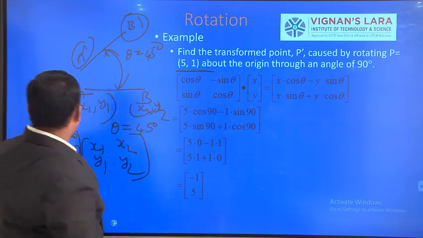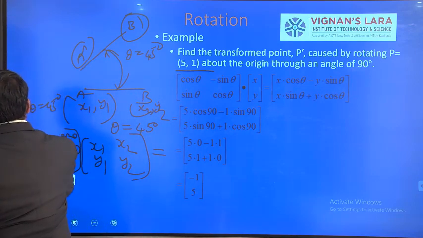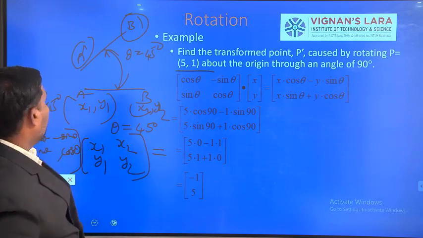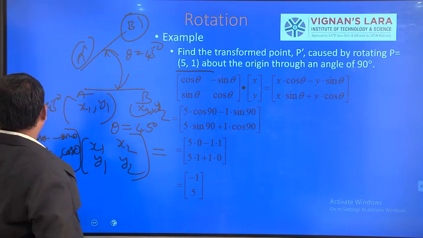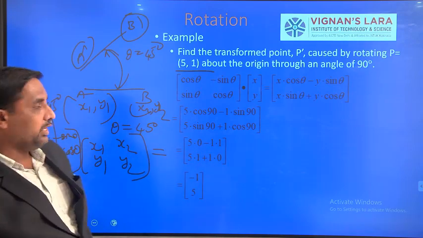Multiply this and you will finally get x dash, y dash, the 2D coordinates. In the end you will get x1 dash, y1 dash, x2 dash, y2 dash.